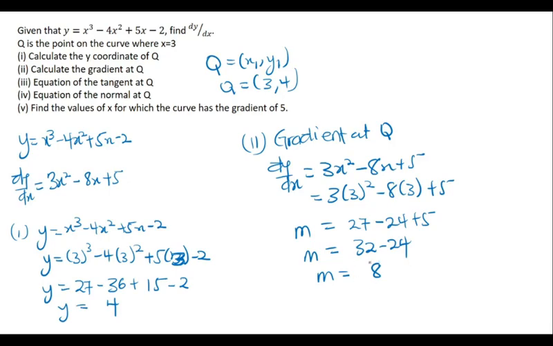So now that we have our gradient and our coordinate on the curve, let's go ahead and find the tangent to the curve, the normal to the curve, and then we tackle the last aspect of the question. So first, the tangent. Now remember I said the equation for finding the tangent is y minus y1 equals m into bracket x minus x1.